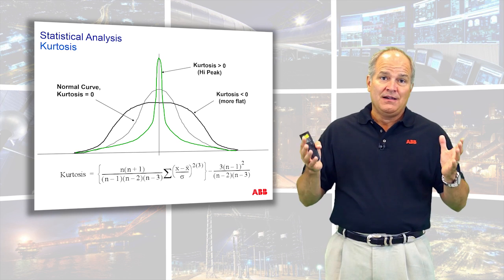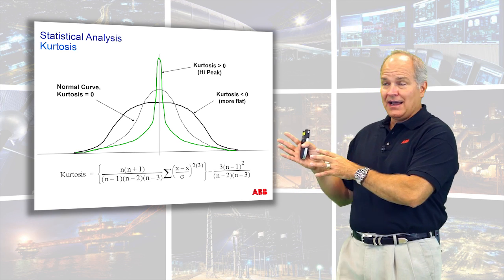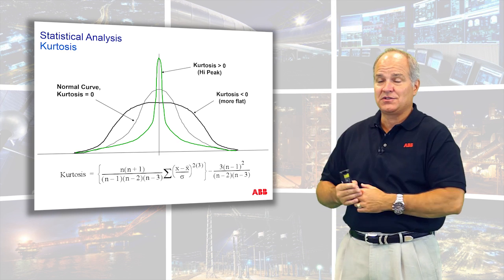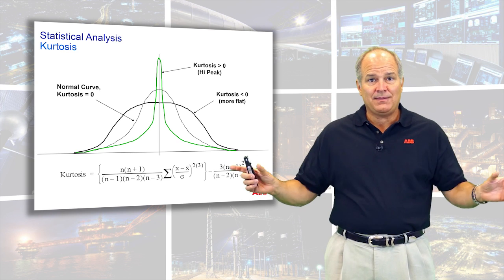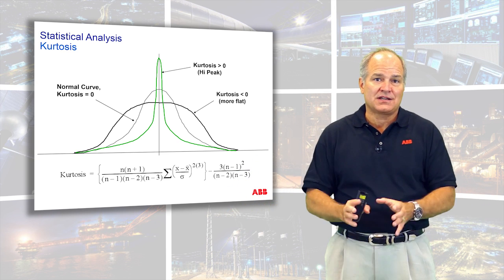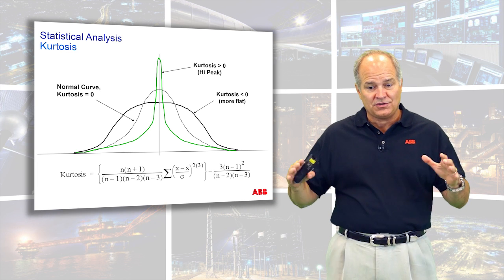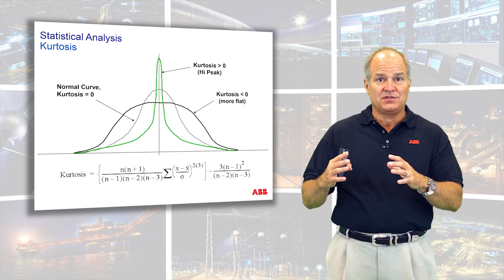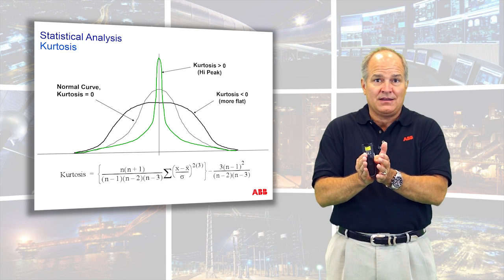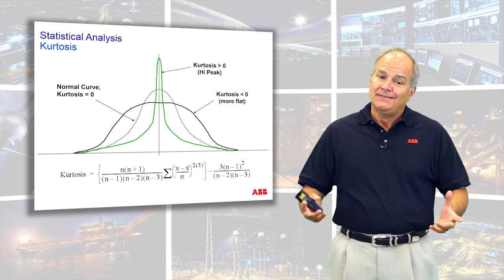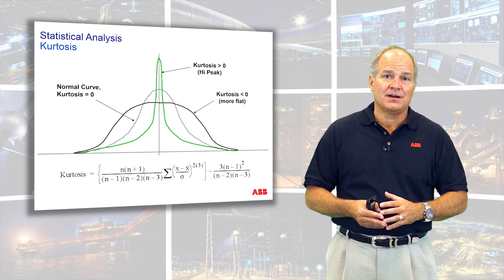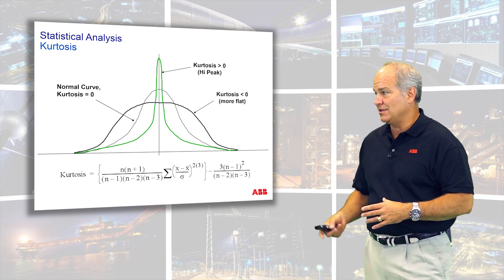And that's true, but if your data is highly influenced by kurtosis, you may be looking at noise that is causing your sigma to be as big as it is. So I recommend calculating the kurtosis to see how normal your distribution is. Because if you already have a bunch of data in the middle and you have some outliers, control can't fix that. That's a different problem. That's why I like to use kurtosis.